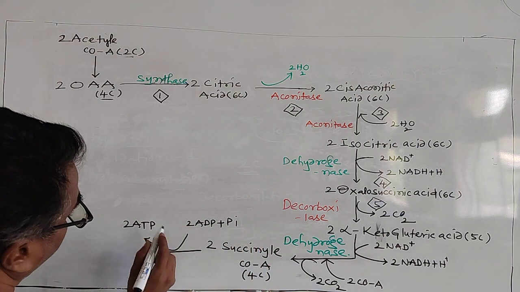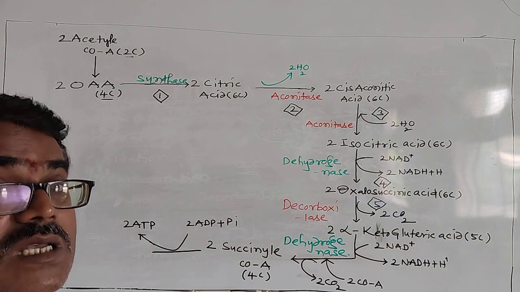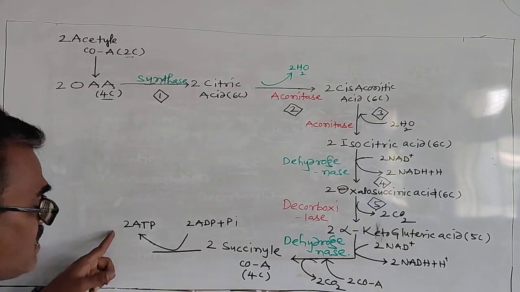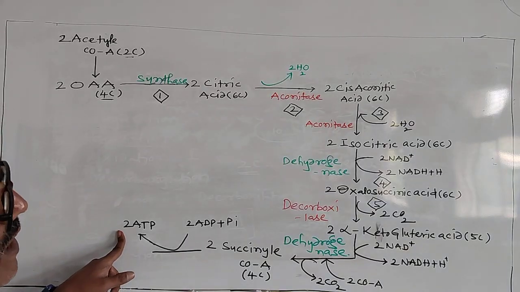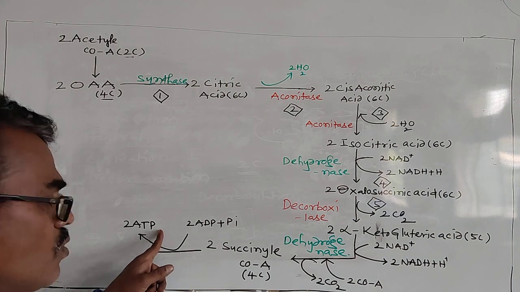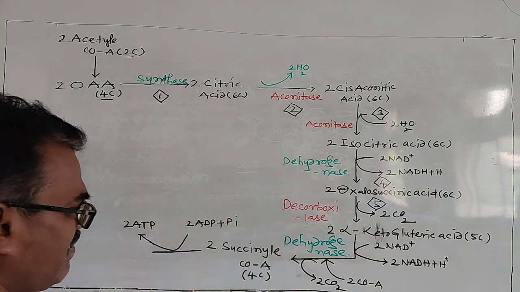This cleavage is also known as substrate level phosphorylation, meaning the direct liberation of energy in the form of ATP. So that is substrate level phosphorylation. Cleavage is complete.